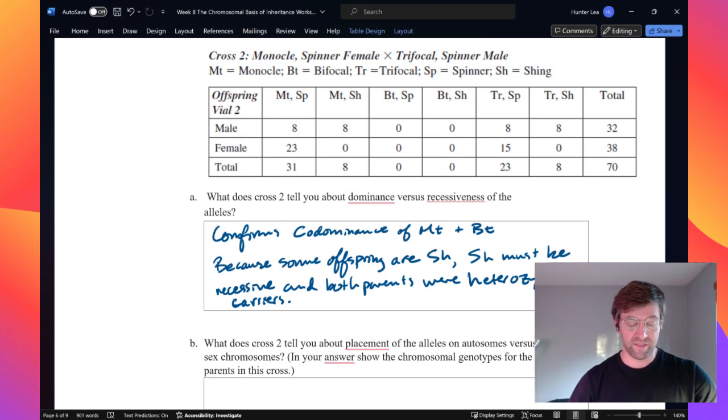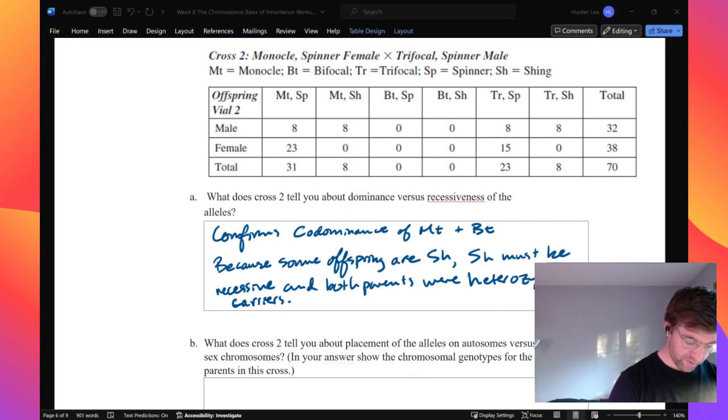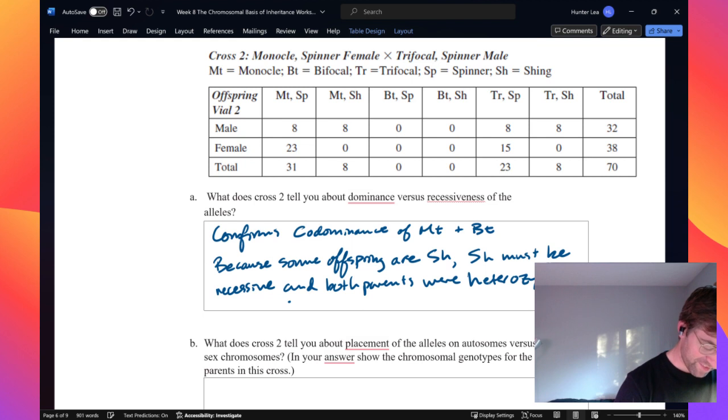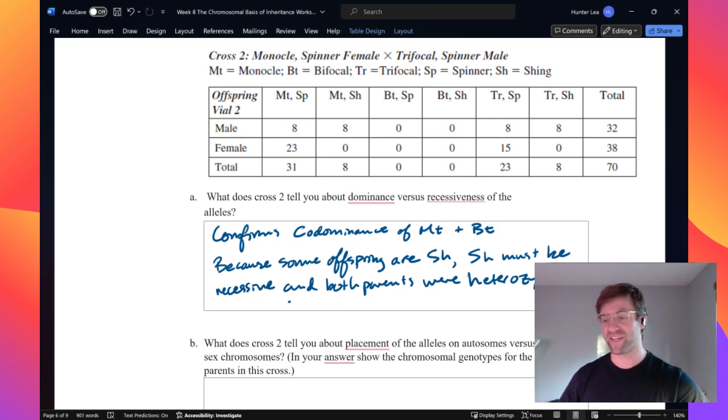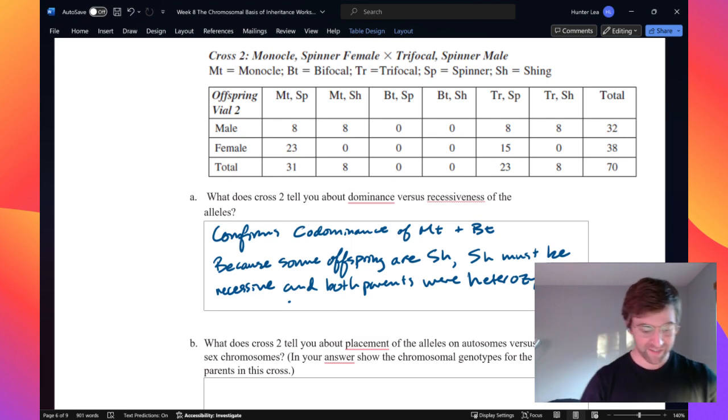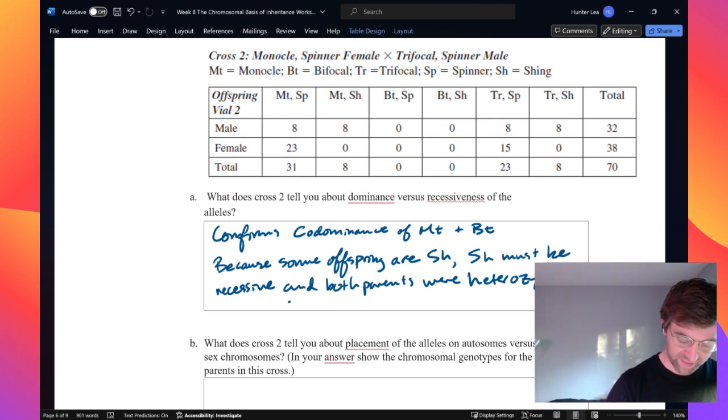So this indicates that the spinner and shiny alleles must be on the X chromosome. Oh, no, sorry, I got ahead of myself. It wasn't that both parents were heterozygous. I forgot about the sex-linked distribution here. It's not that they were both heterozygous, it's that it's X-linked because only the males express that.